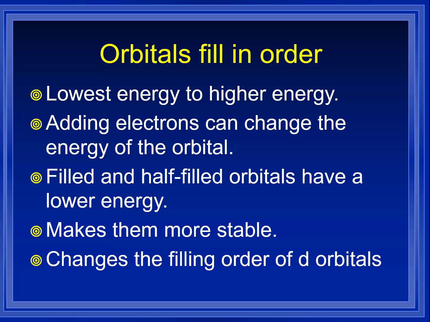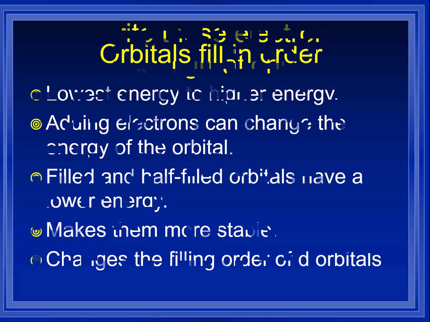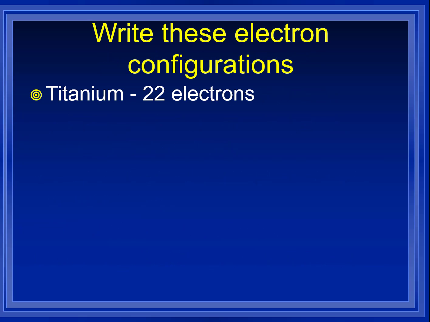Okay, so to see if you're breaking the rule, first we're going to follow the rule a couple times and then see what happens when you break it. So write the electron configuration for titanium. Titanium has 22 electrons. So I have to work my way up to 22. Well, I got chlorine behind me right now, so we know it's going to be 1s2, then 2s2, then 2p6, then 3s2.